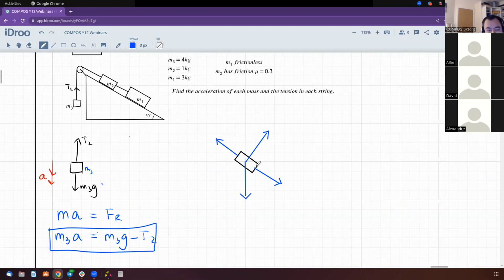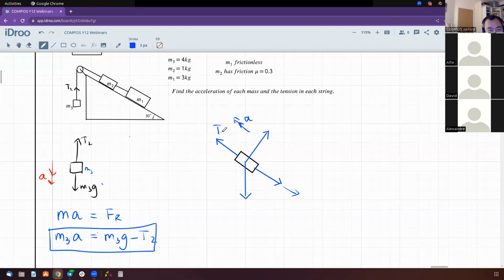And this friction, since we've decided that it slides up the slope, is in this direction. So friction this way.